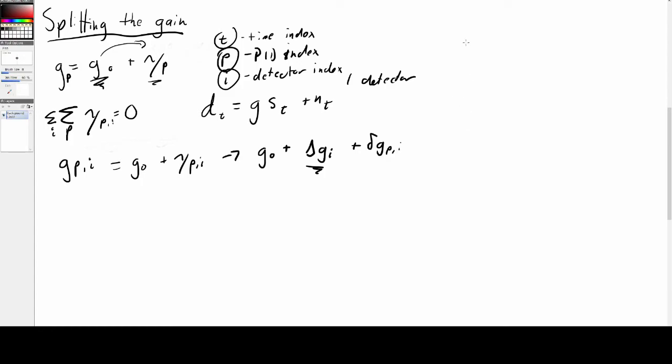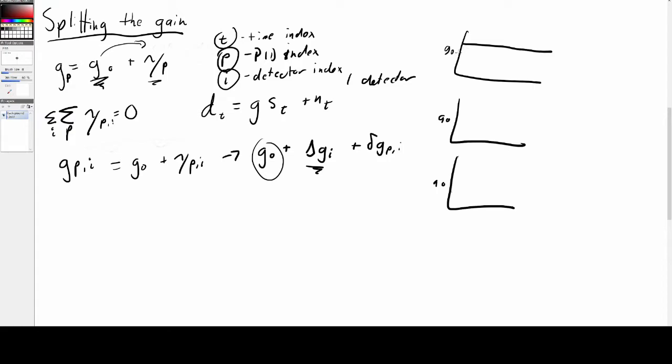So if we imagine that we have 3 detectors here, and we plot G, we all start at the same G0, basically. And then for detector 1, maybe we add this thing here, which is then delta G1.